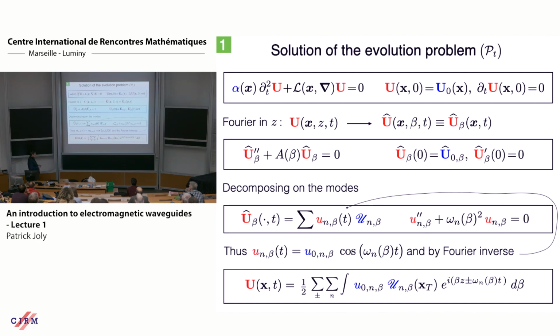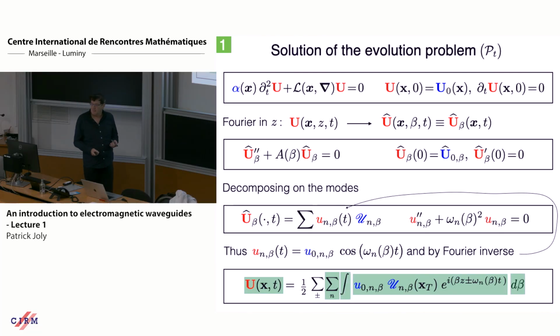And you see that you can reinterpret it as the solution being a superposition of propagative eigenmodes, where this superposition is discrete with respect to the index n, and it is continuous with respect to the wave number beta. So any solution can be represented in this perfect way with the help of modes. Okay.